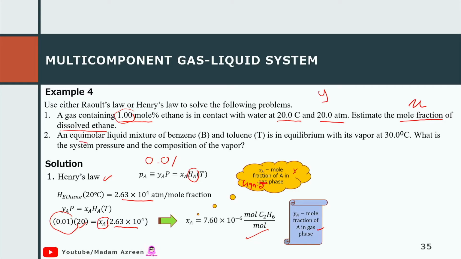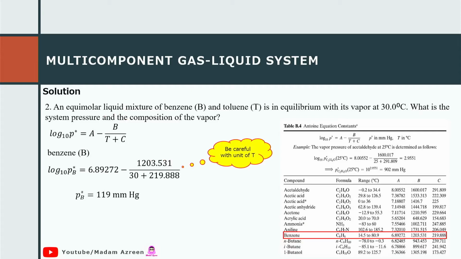For the second example, it is an equal molar liquid mixture of benzene and toluene in vapor at 30 degrees C. What is the system pressure, P? What is the composition of the vapor, Y?